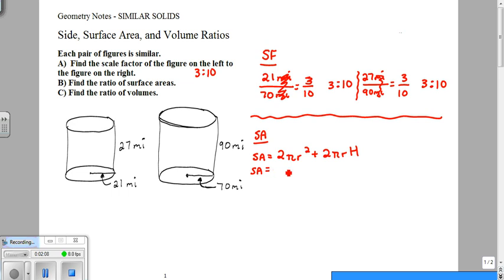So for my smaller cylinder, I have 2 pi times 21 squared plus 2 pi times 21 times the height of my solid, which is 27 miles. So the surface area for my smaller cylinder, when I simplify this, is 2016 pi miles squared. I can leave it in terms of pi.